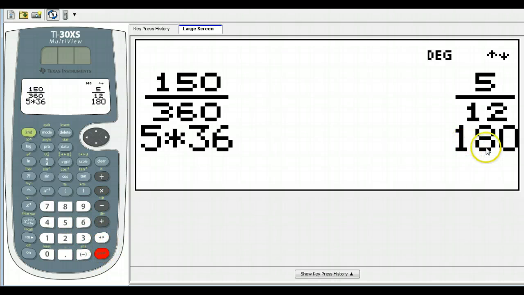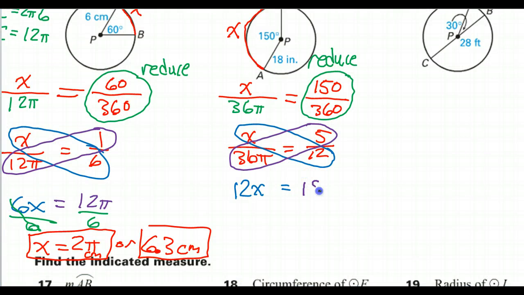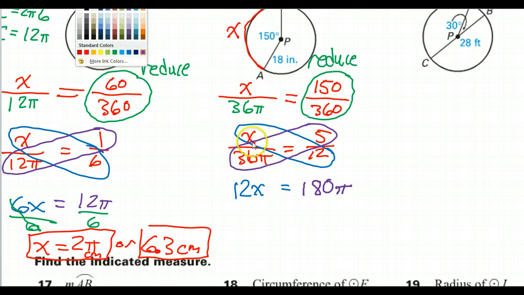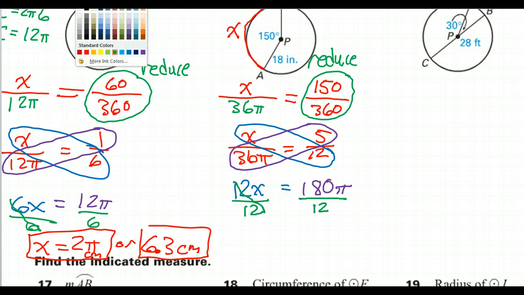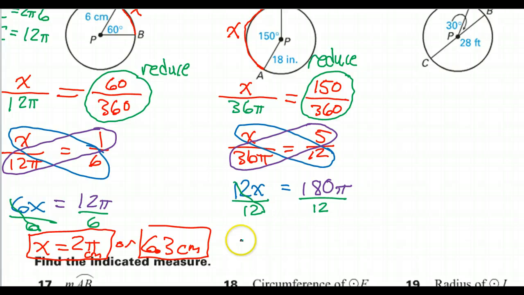So 5 times 36 is 180. Okay, so this will be 180 pi. All right, no decimals until the end. If you already have decimals, you messed up. Go back and do it the way I'm trying to show you. All right, if you're going to get a decimal, I want it to be at the very last step, not in the middle of the problem. Too much error occurs if you do it that way.